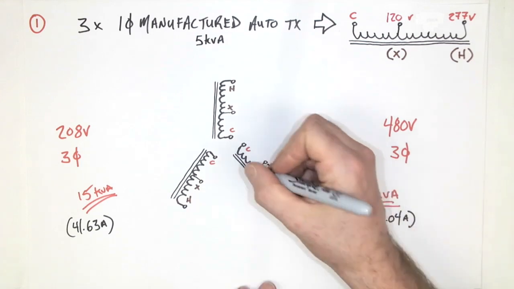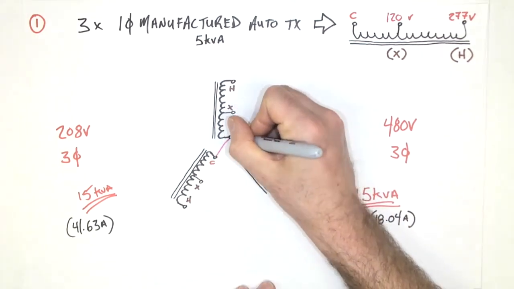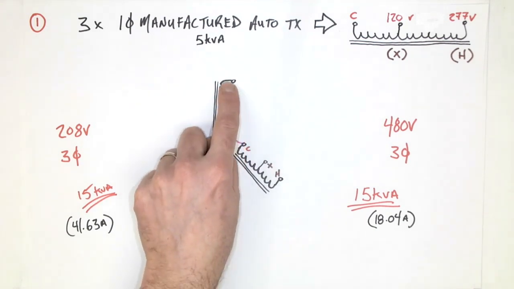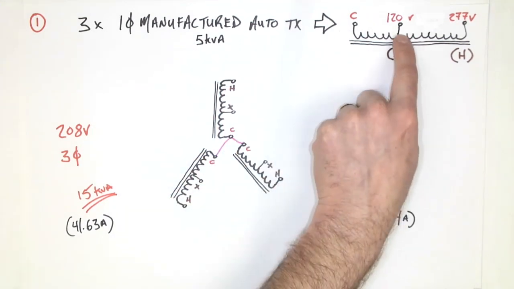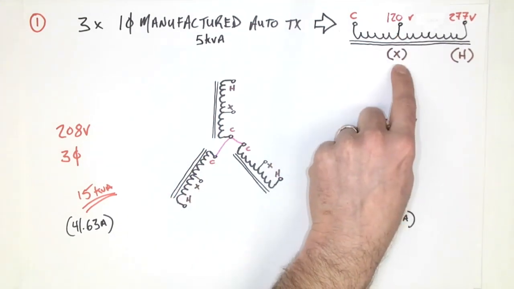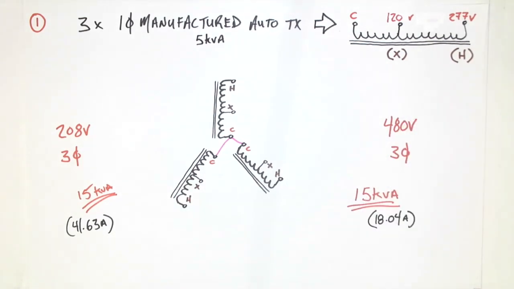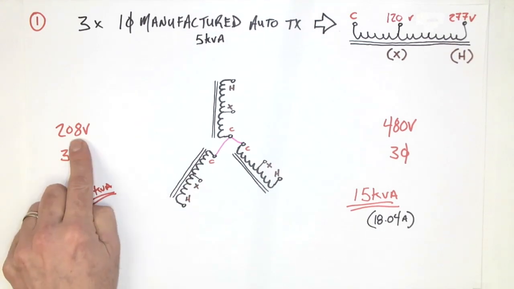First step, we should connect all of the common points together because this is going to form our star point of our Y transformer. Now, the X and the H, I've just put X and H instead of the voltage because it's smaller. X is for the 120 and H is for the 277. So X 120, that means, well, phase voltage for a 208 volt system is 120 volts.